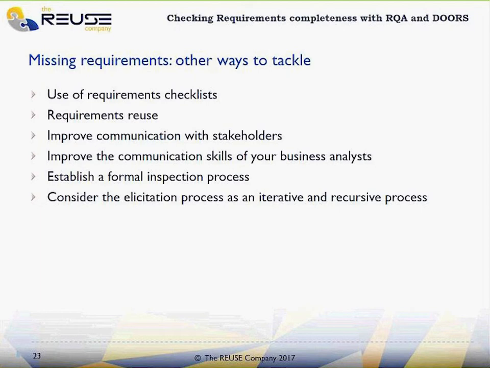And of course, this is based on improving the communication skills of our business analysts and requirements engineers. Finally, establishing a formal inspection process is also key, as is the consideration of the elicitation process of requirements as an iterative and recursive process, and not only focused at the very beginning of our project, right?